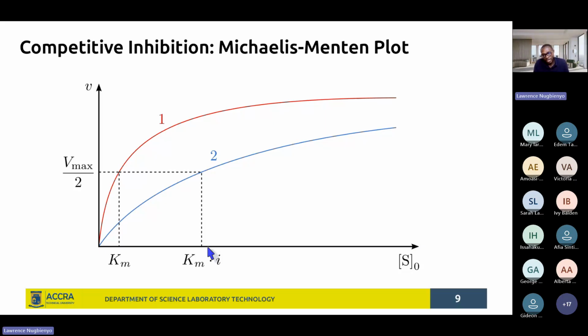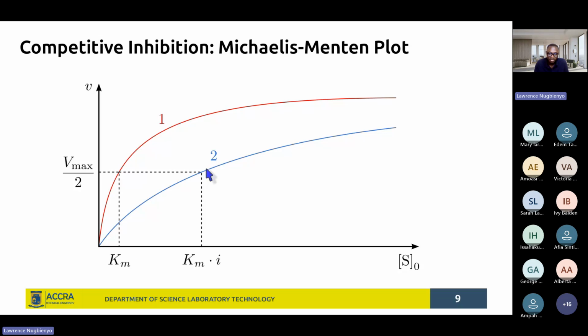You can also look at it as if the competitive inhibitor is sort of reducing affinity, because we talked about affinity. So you can see it happening over here with the competitive inhibitor, such that when you compare the Michaelis-Menten constant of the uninhibited reaction, and then you have, this usually will be called an apparent Michaelis-Menten constant in the inhibited reaction.